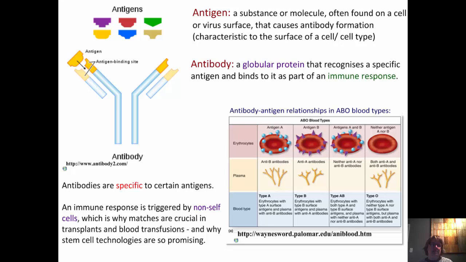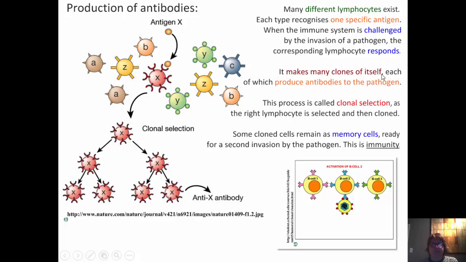An immune response is triggered by non-self cells. So when your body matches or doesn't match with a cell type like bacteria, it's going to trigger this immune response. This is why it's so important to get this information correct for transplants and blood transfusions.